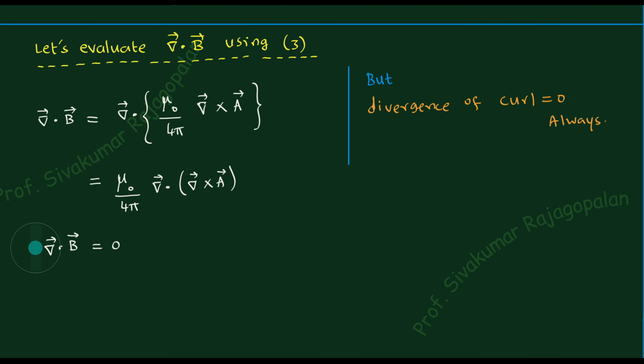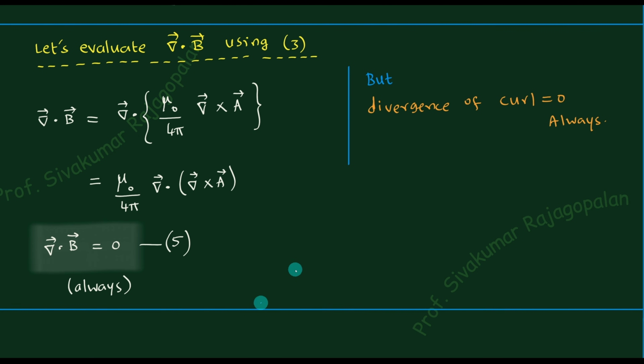So remember, the word always is coming from vector calculus. As long as you have a vector valued function, for every vector valued function, divergence of curl is 0. And therefore you have to write down this expression always. So this is the most important and striking feature of the magnetic field. So what is visible from this particular equation?